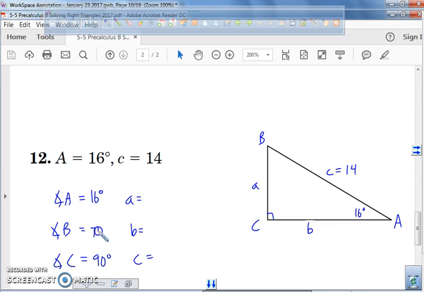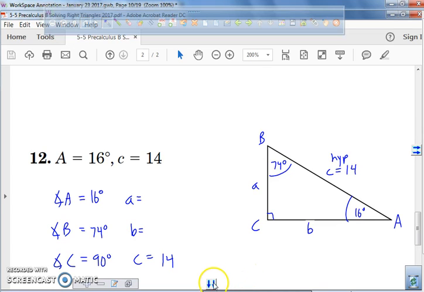Has to be what? 74 degrees. Look at 74 degrees. So we have a 74 degree angle, we have a 16 degree angle, and we have a side of 14 for the hypotenuse. So basically all we have to do is find a and b. Once you find a, you can find b.